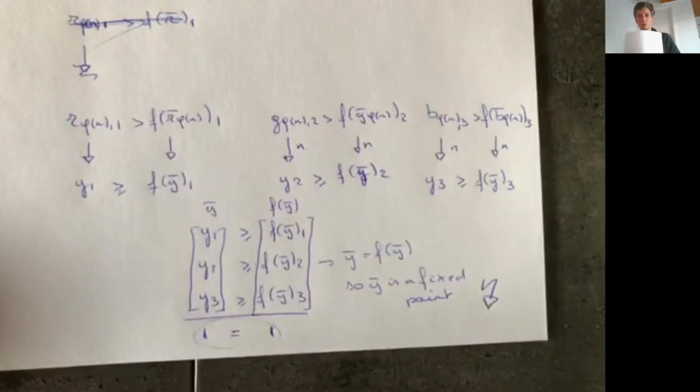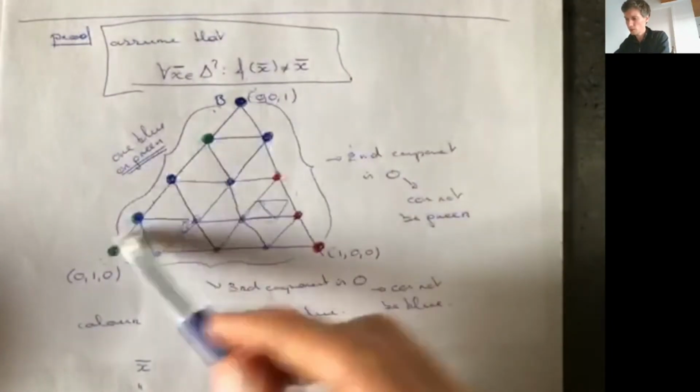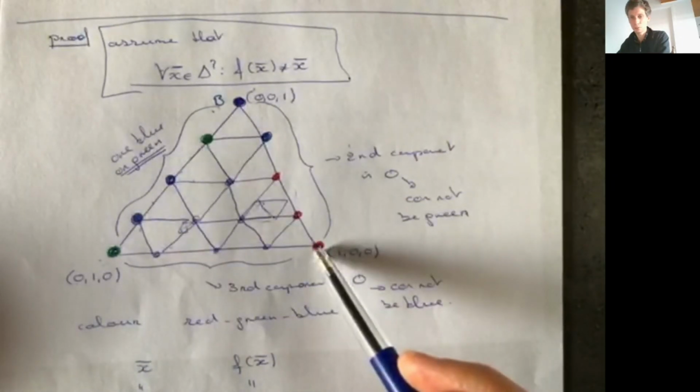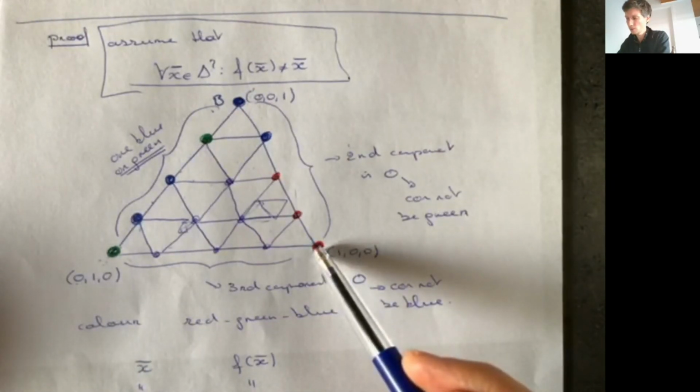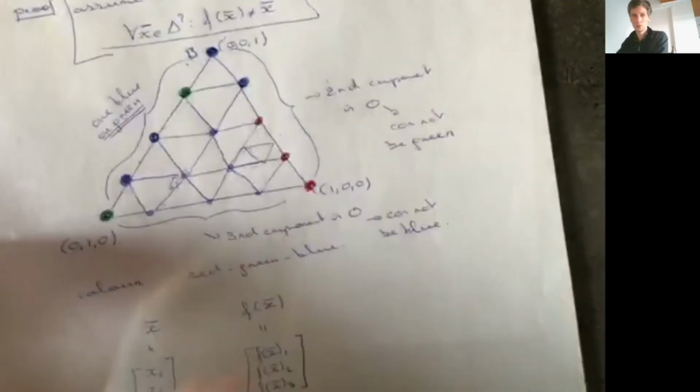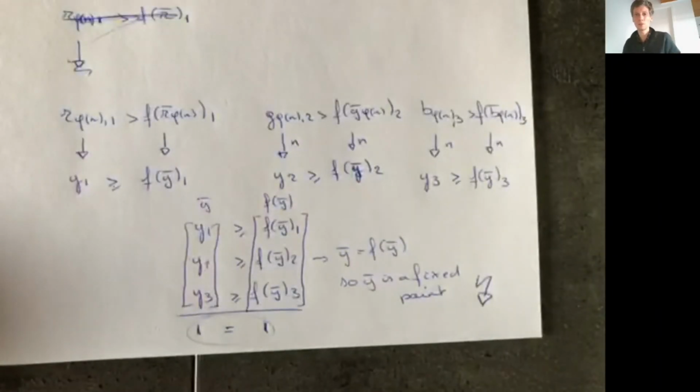So the proof is very similar to the one-dimensional case. The only thing that's a bit different is how we can show that these boundary nodes don't have the color of the opposite extreme vertex, right? And this uses the convex combination of these two to show that one element is 0, so it cannot have a color of the opposite side.